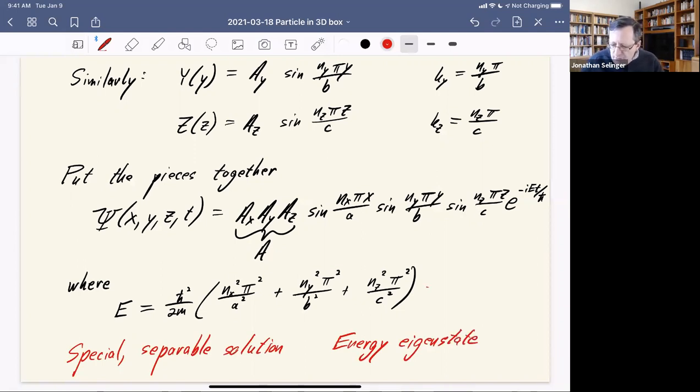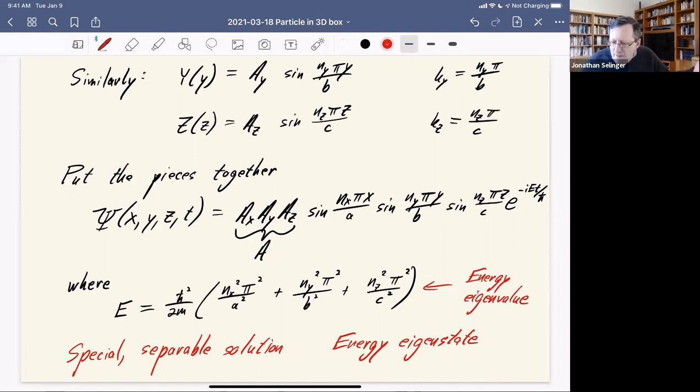And the corresponding energy, this E, is an energy eigenvalue. Now, you'll notice that there are a lot of these solutions.